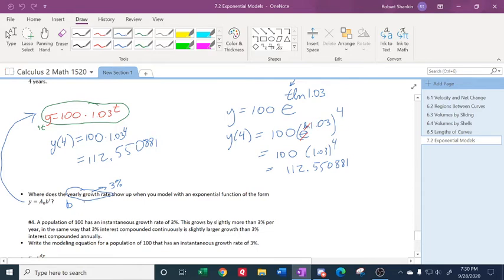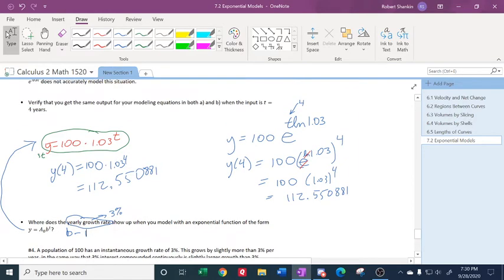So it's really close. What do you have to do to the B, to the 1.03, to get to the 0.03? You have to subtract 1. So it's the B, but minus 1.